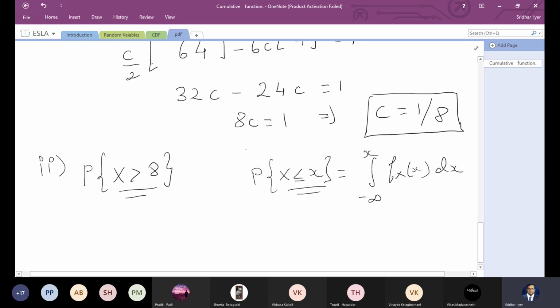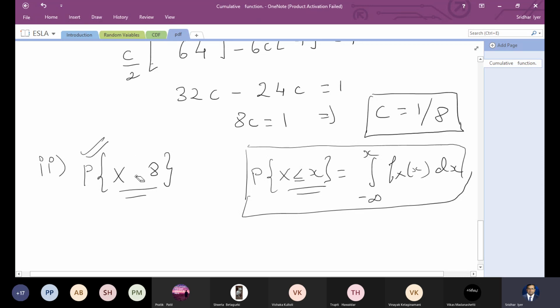If I want to apply this property, what should I do to the left hand side? What can I do here? Let me give you more of a hint. How can I convert this greater than into less than or equal to? What can I do? What should I do?